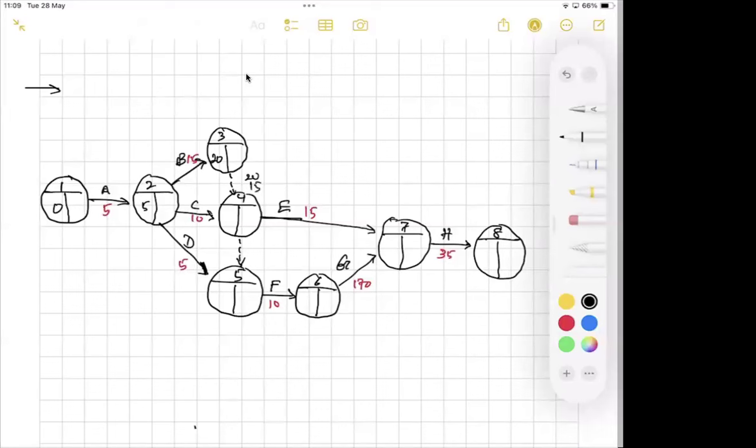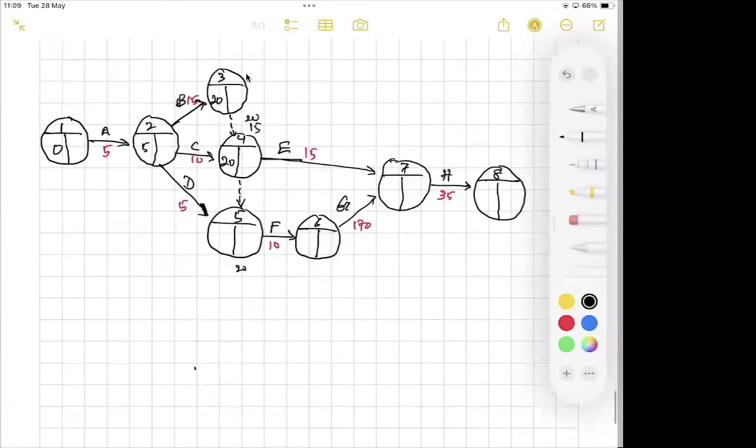And when you are doing the forward pass calculations, if it is a merge, we will take the maximum value. Maximum is 20. When it comes to event number 5, you have two paths, then 20 plus 0, 20, 5 plus 5, 10.